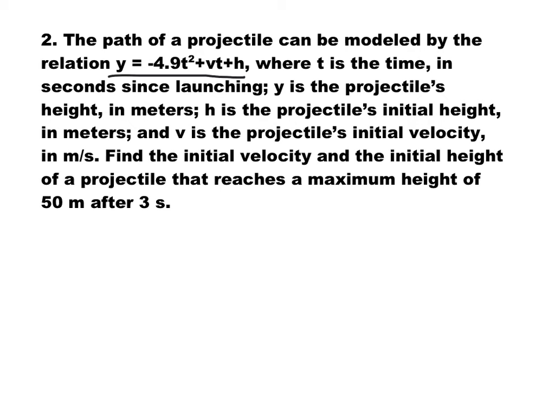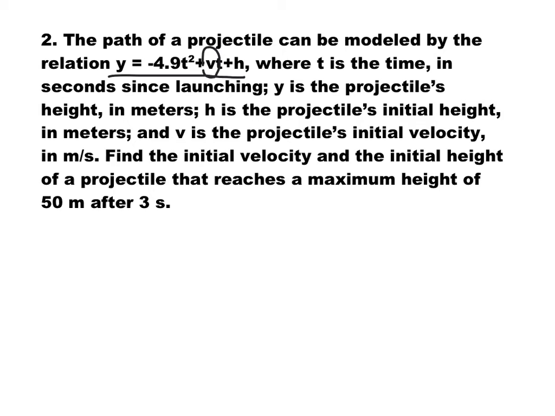Y is the projectile's height in meters, h is the projectile's initial height, and v is the initial velocity in meters per second. We are supposed to find the initial velocity, meaning v, and also we have to find the initial height.